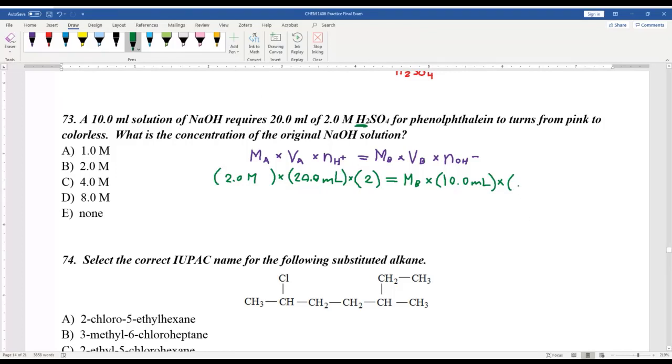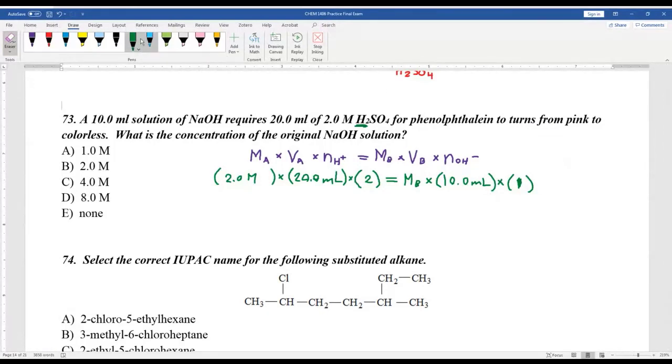NaOH has 1 OH. So this is just 1. Now, if it was calcium hydroxide, Ca(OH)2, then it would be 2 hydroxides. But in this case it's sodium hydroxide, so it's just 1.